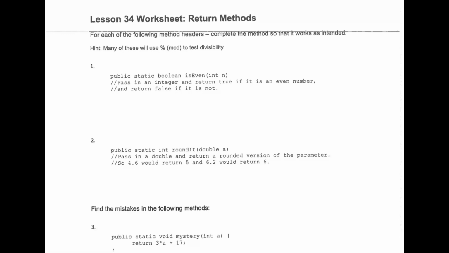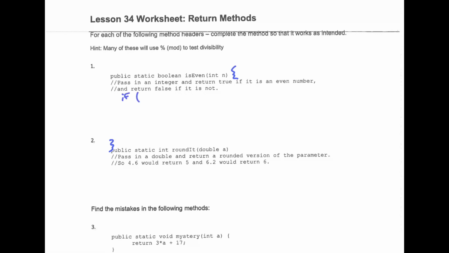Alright, so for this one, we have this method called public static boolean isEven, and we want to make that method. So we're going to start off with our brackets. First thing we need to do is test if it's even, so we're going to do that by using modular division. So we'll use an if statement.